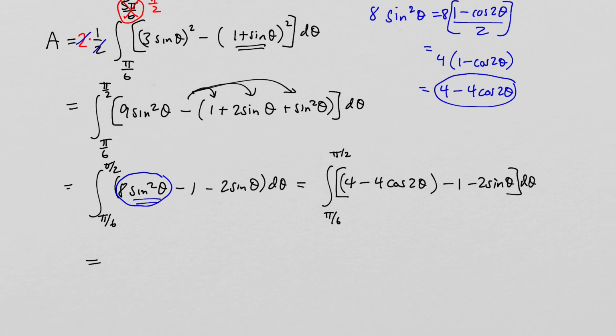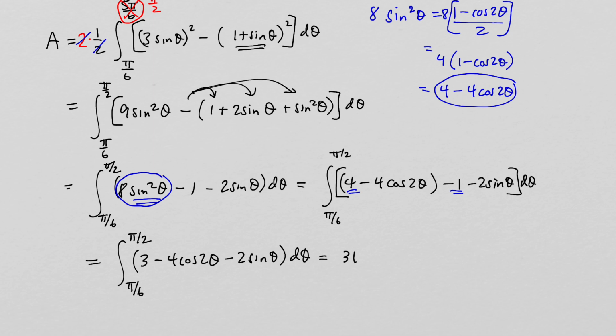Now, just a little bit more simplifying here. We have 4 take away 1, that is 3. And of course, you could skip some of these steps if you notice some of these simplifications a little bit earlier. But here is what we have. Now we should be ready to go ahead and take the antiderivative. So the antiderivative of 3 is 3 theta, minus 4 times the antiderivative of cosine of 2 theta, which is 1/2 sine of 2 theta.